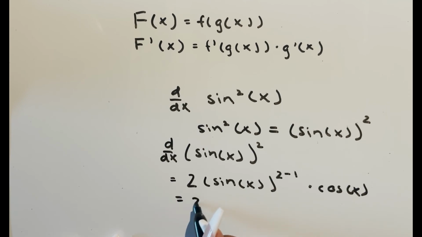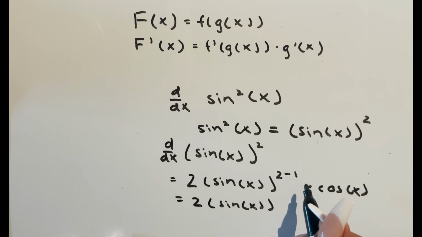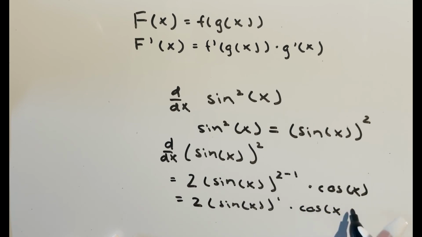So simplifying, we have 2 sine x to the power of 2 minus 1, which equals 1. And then times cosine x. This can be rewritten as 2 sine x times cosine x.